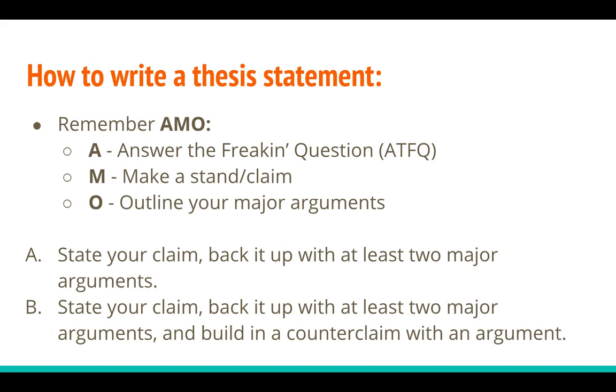It shows that you're not just looking from one perspective, but you're considering alternatives to that perspective, and that shows complexity. To start, I'm okay with you doing A. By the end of the year, I want you really working on getting to B.